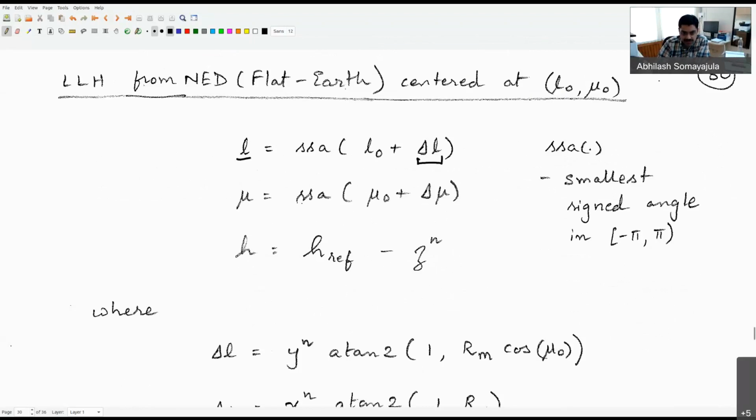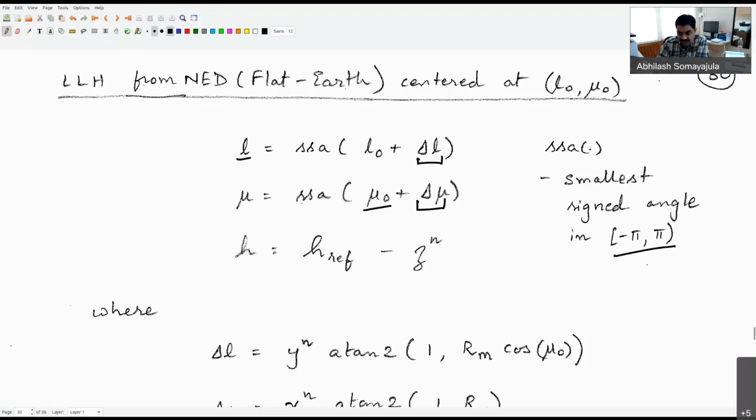Similarly, mu is defined as mu0, the reference latitude, plus the change in latitude. And I take what is called the smallest sine angle, which means that if that value goes beyond pi or beyond minus pi, I convert it so that it is in the range from minus pi to pi.